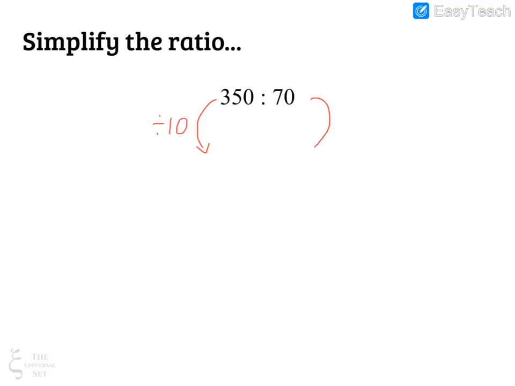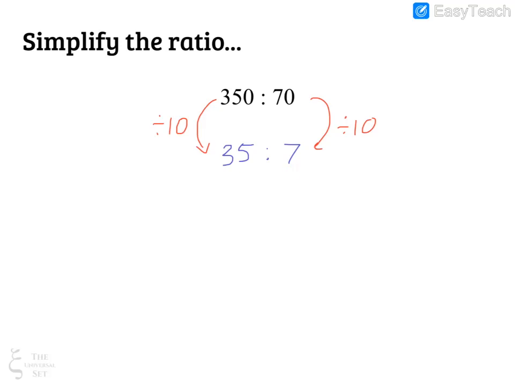And let's divide by 10 on this side. Ooh, there we go. So how many 10s are making 350? I hope we agree it is 35. And how many 10s are making 70? I hope we agree that it's 7 of them. So I've done 350 divided by 10 is 35, 70 divided by 10 is 7.